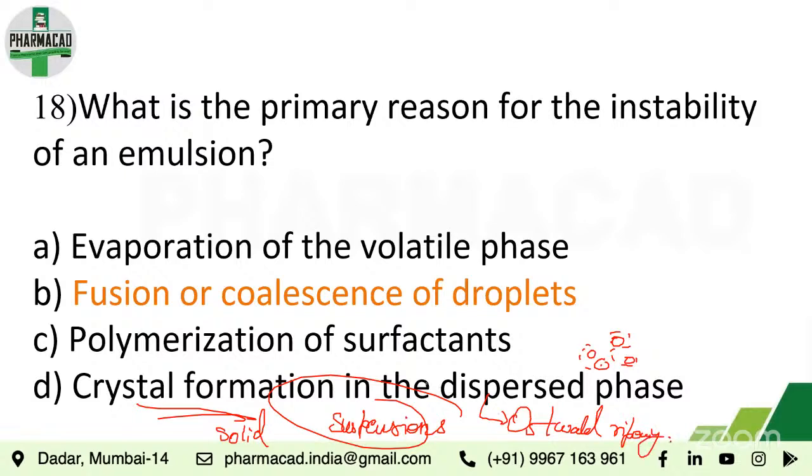So here the primary reason, the most common reason for instability in an emulsion, in the case of an emulsion, is fusion or coalescence. Okay, that is the thing.